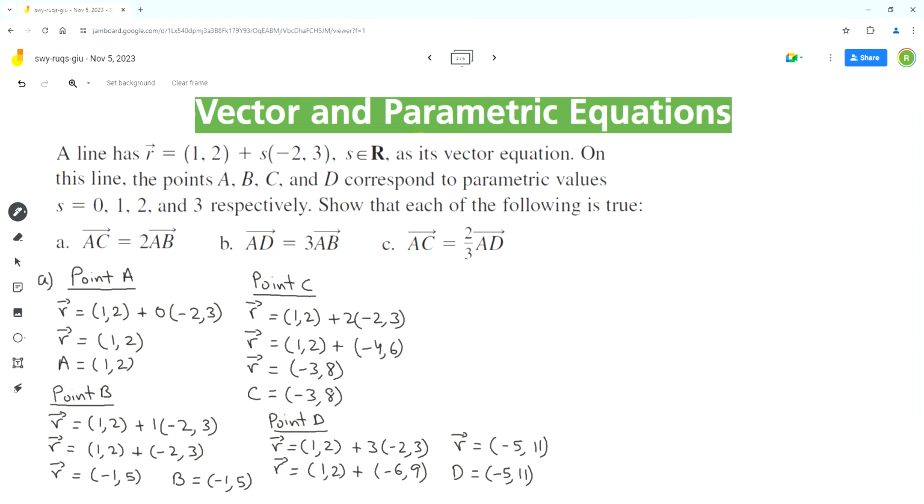Now we have to find vector AC and vector AB for part A. Let's start with vector AC. We can break up vector AC into position vectors OC and OA.